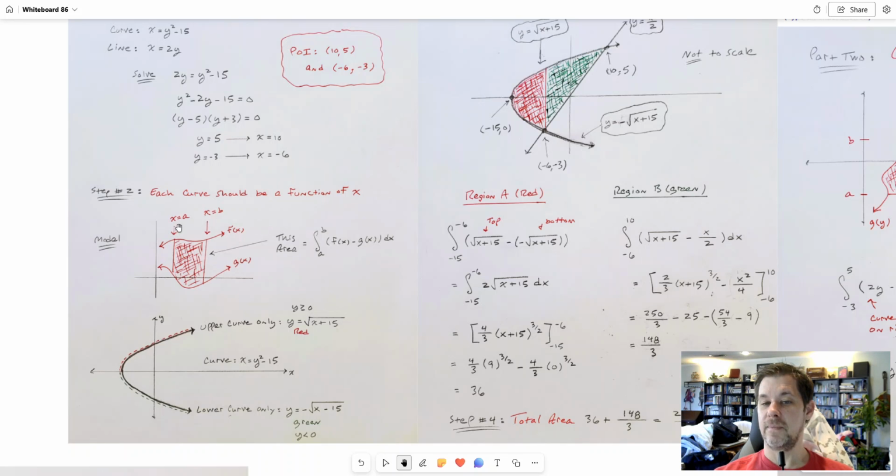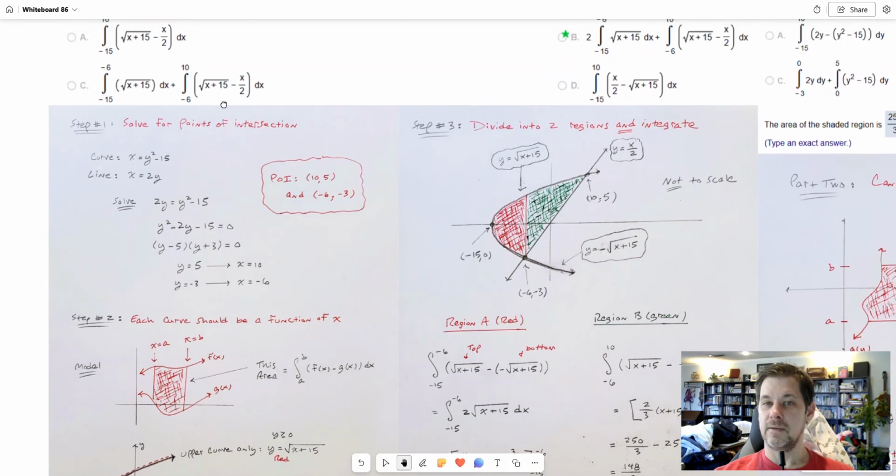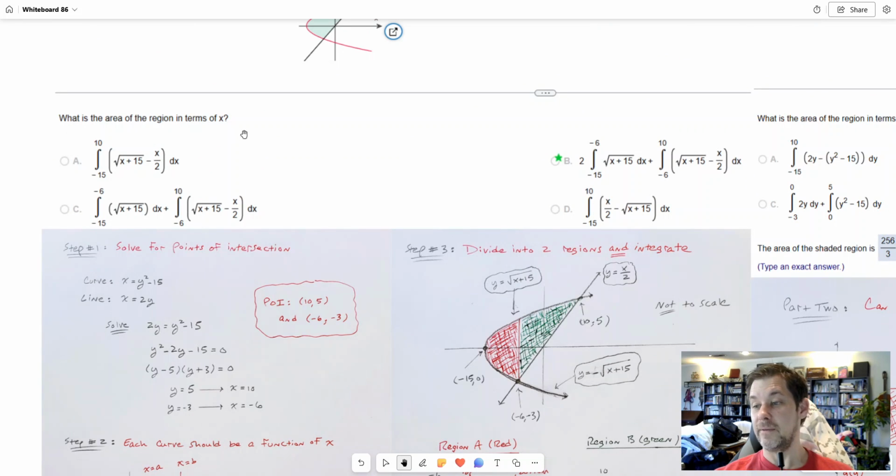Now that's from a on the x-axis, which is here, over to b on the x-axis. b is greater than a. If you've got that scenario, f of x on top of g of x from a to b, then you can calculate that area like this. It's the definite integral from a to b, f of x, the curve on top, minus g of x, the curve on the bottom. Okay, so that's the model that we'll be using to solve for the area in terms of x.